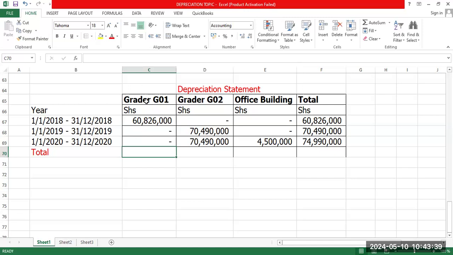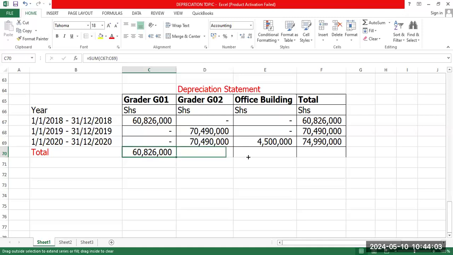What is the accumulated depreciation for each asset? So you just sum up what you have for each column. Here it is accumulated depreciation for each asset. Here is total depreciation for the year.